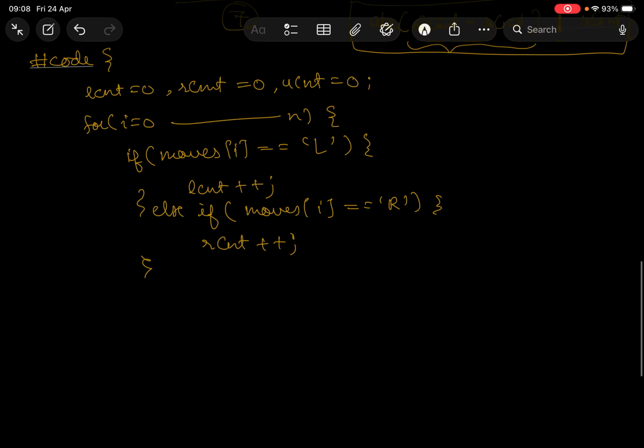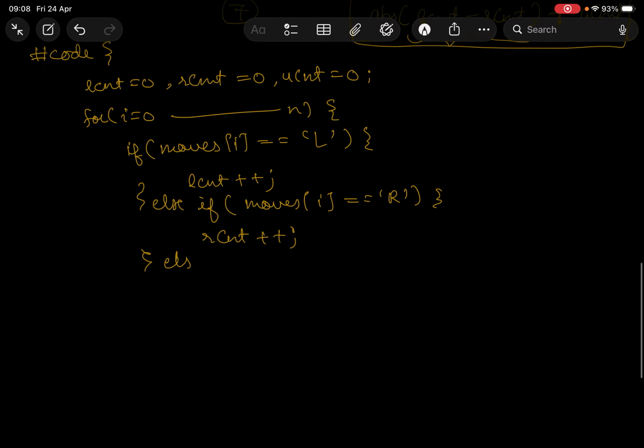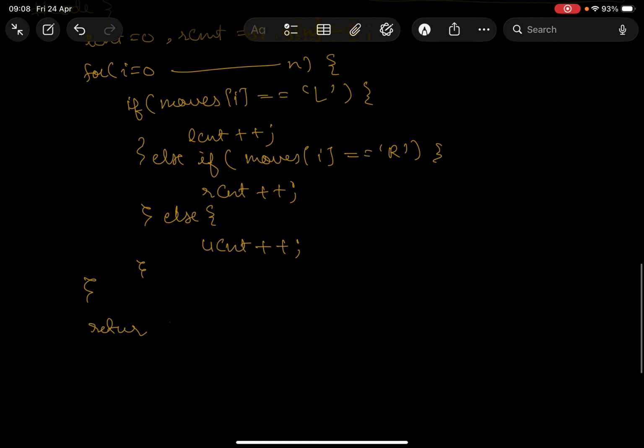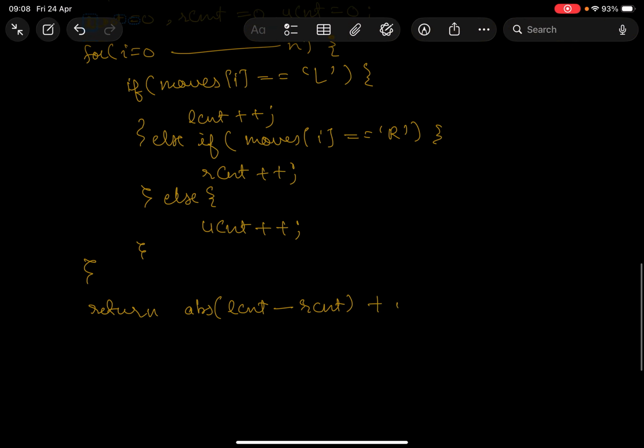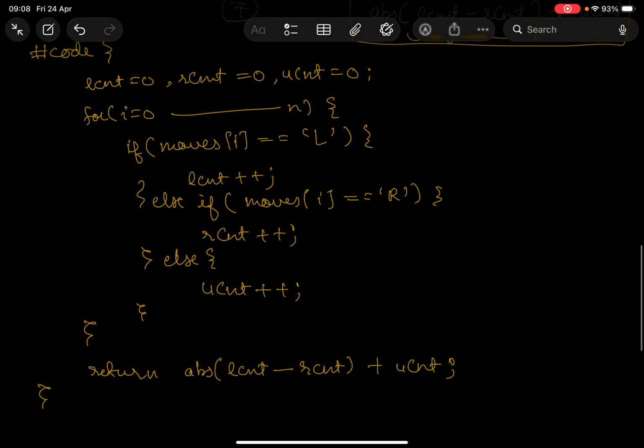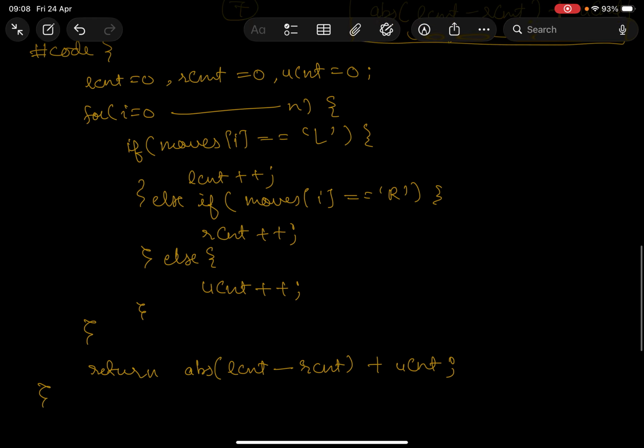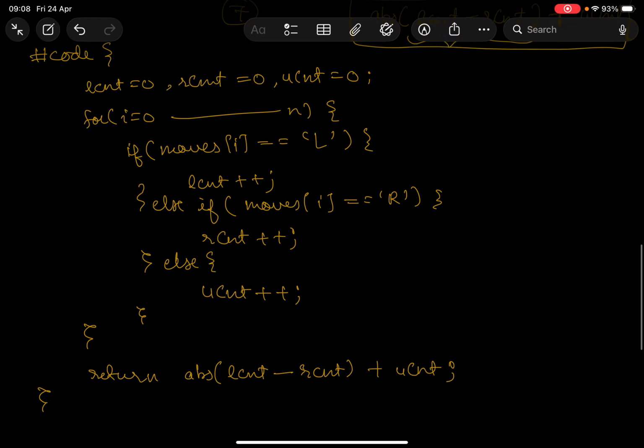Since there can be only three possibilities, if it is not left and not right, definitely it will be underscore. So else, U count plus plus. In this loop, I'll get all these counts, and at the end I can simply return the absolute difference of L count minus R count plus the U count. Okay, so this is a simple approach for this problem, and it was actually one small key observation and the problem would be solved.